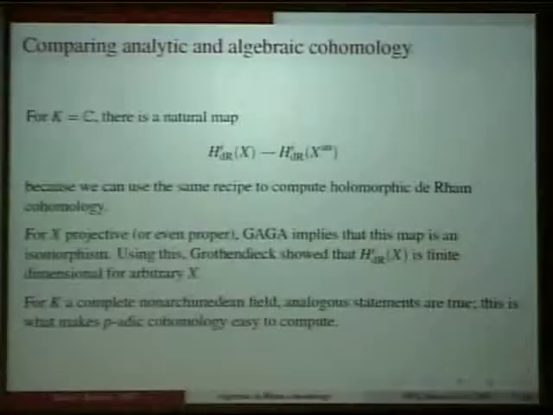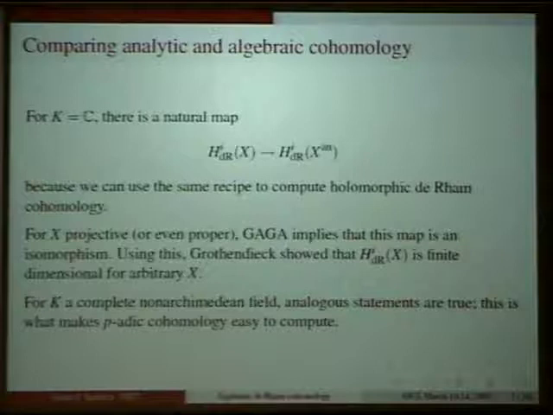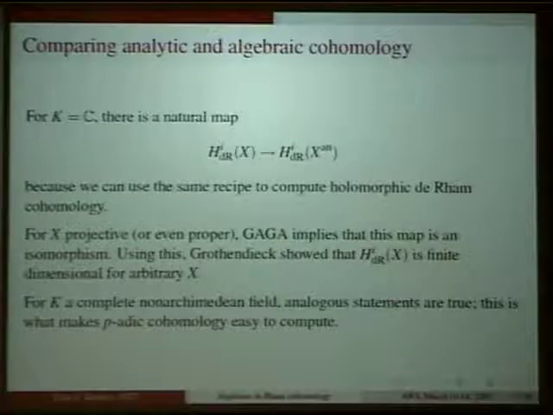Now, here's somehow the point, from the point of view of this Arizona Winter School, if K is a complete non-Archimedean field, you can run exactly the same discussion using rigid analytic de Rham cohomology. So use the same setup as for algebraic cohomology to talk about analytic de Rham cohomology, and you get a comparison map, and for smooth proper varieties, you get an isomorphism, like so.